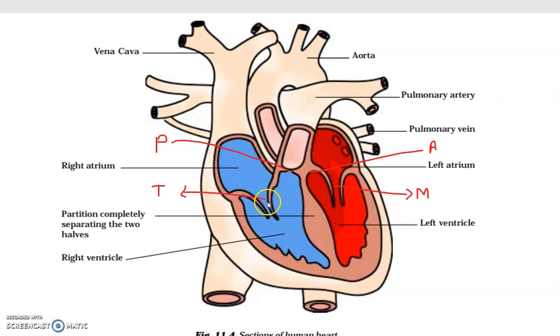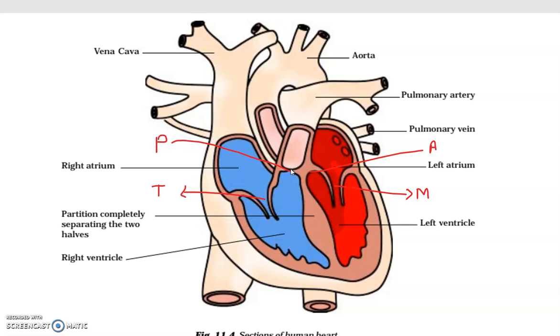So when the tricuspid valve and mitral valve snap shut, the sound is lub, and when the aortic valve and pulmonic valve snap shut, that sound is dub.